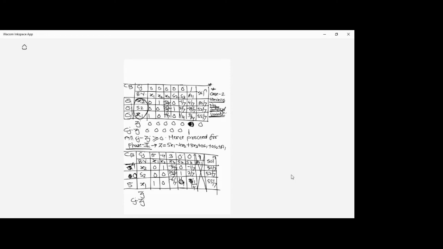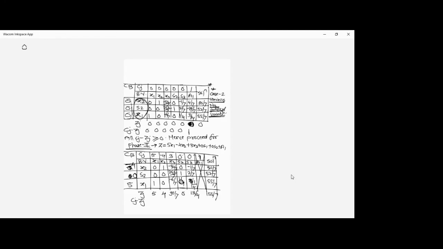Right, so if we calculate the Zj, here it will be 5, here it will be 4. The next value that we have is 90/7. Here we get it as 0, here we get it as 13/14, and lastly we get it as 155/7.